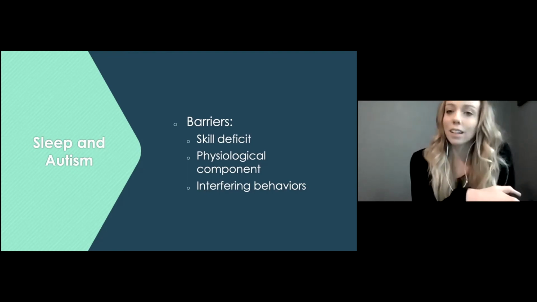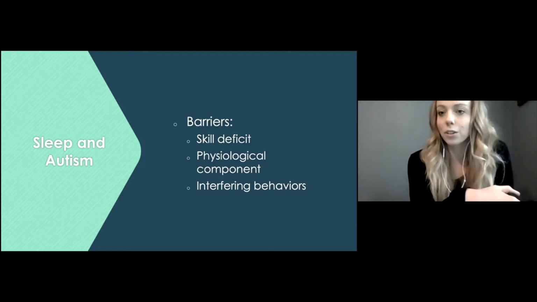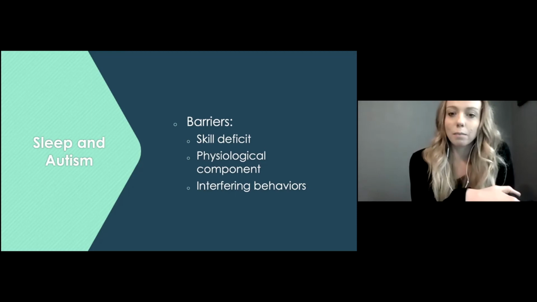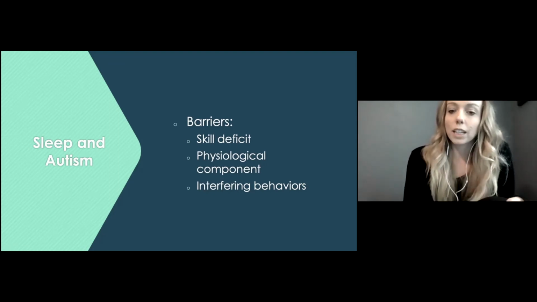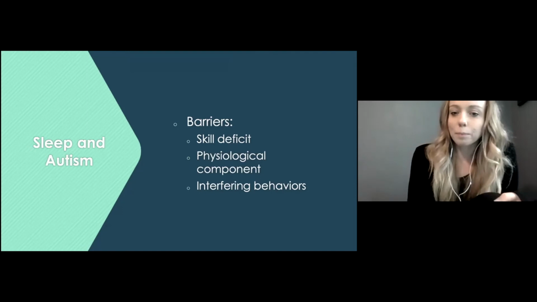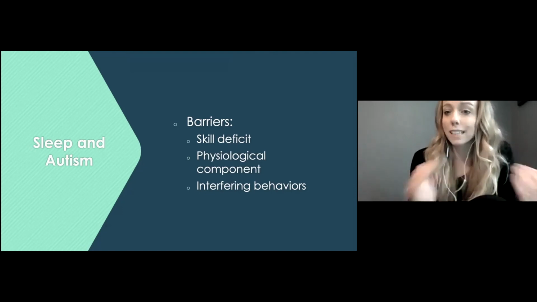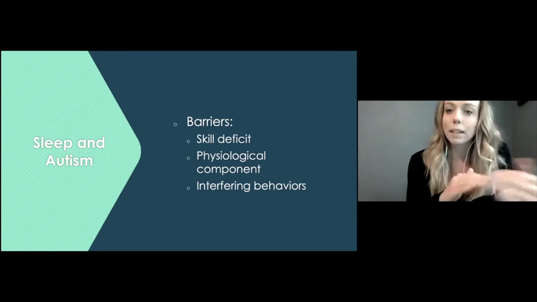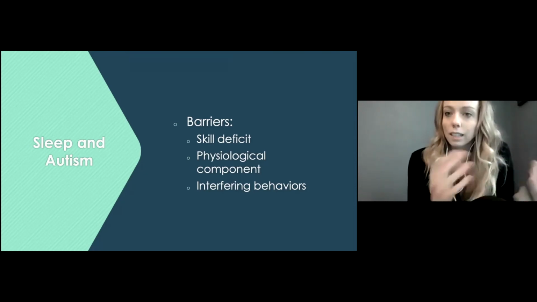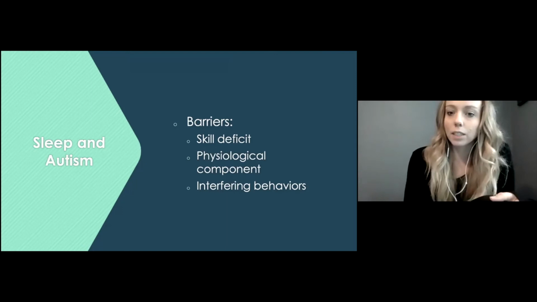There might be a physiological component. There is research to show that with a diagnosis of autism, there may be some atypical circadian rhythm going on, and lower levels of melatonin, which can impact our ability to fall asleep. Impaired REM stages, so not getting as much REM sleep or deep sleep, which can impact the quality of the sleep being achieved.